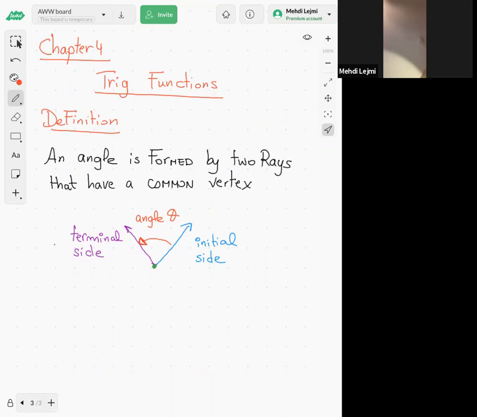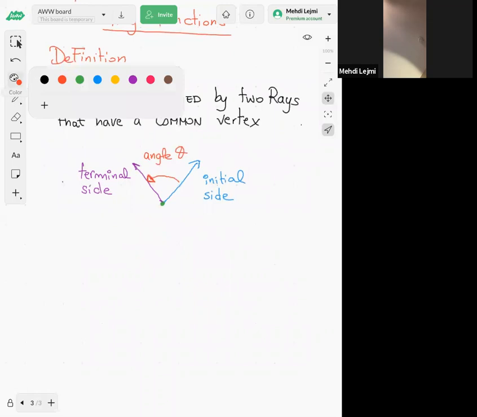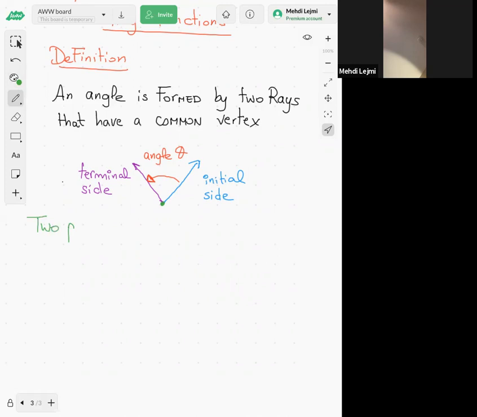And of course, there are 2 possible rotations. You can go clockwise or counterclockwise. So first, let's say you go with a counterclockwise rotation.